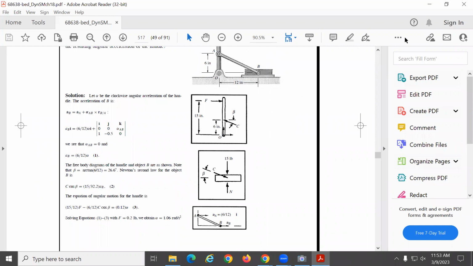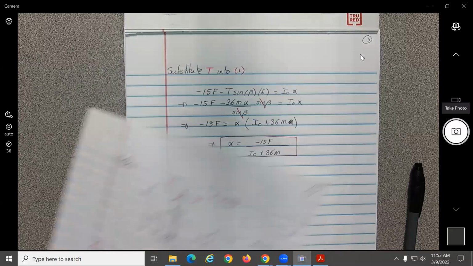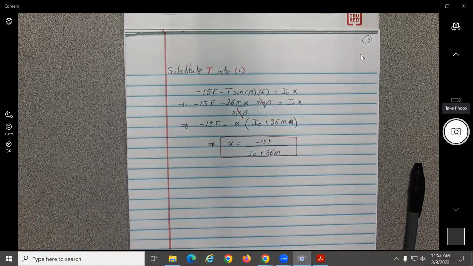Does that make sense or not? So the final equation for alpha is, yeah, that's the expression for the alpha. It's T over mass.